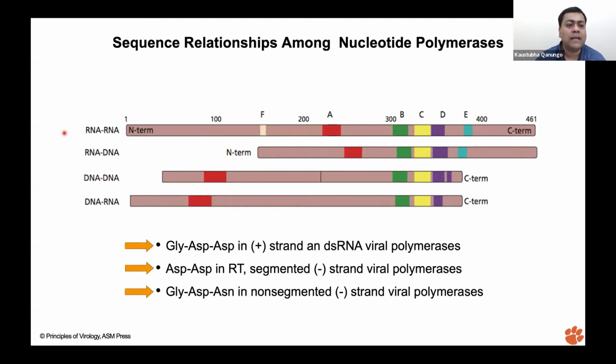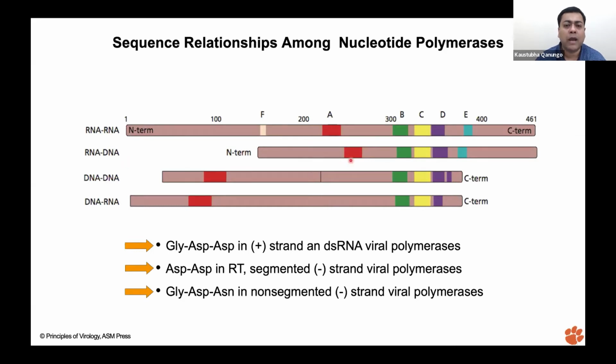What you are seeing is that these 4 RNA-dependent RNA polymerases have the motifs A, B, C, D, E, and these are the conserved motifs on RNA-dependent RNA polymerases. RNA-dependent DNA polymerases, we are going to see those as well.